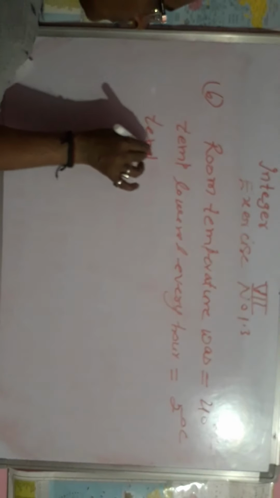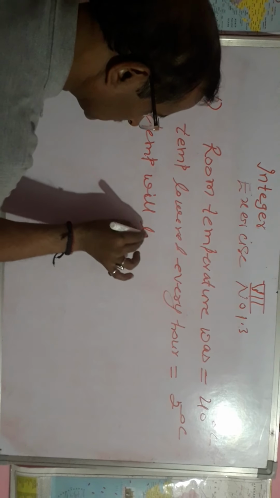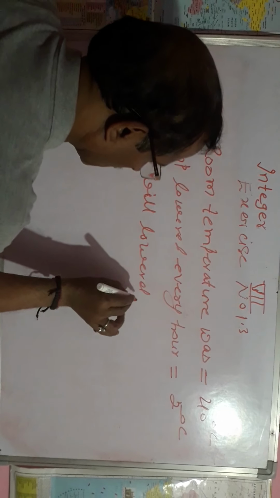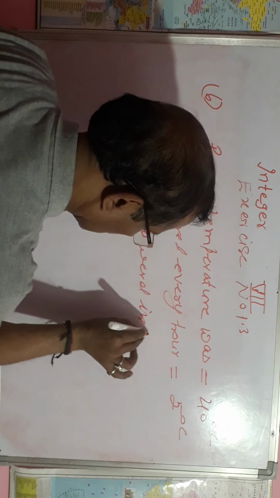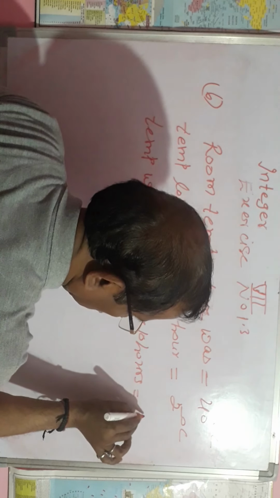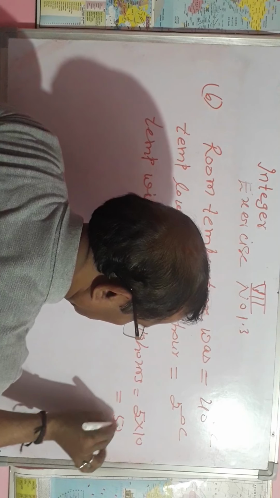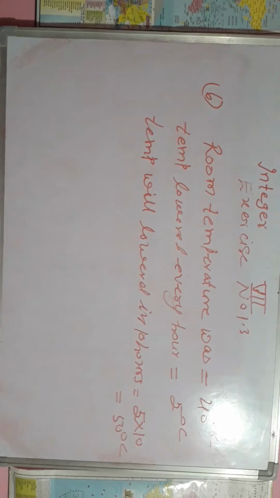The temperature lowered in 10 hours is equal to 5 into 10, which is equal to 50 degrees Celsius.